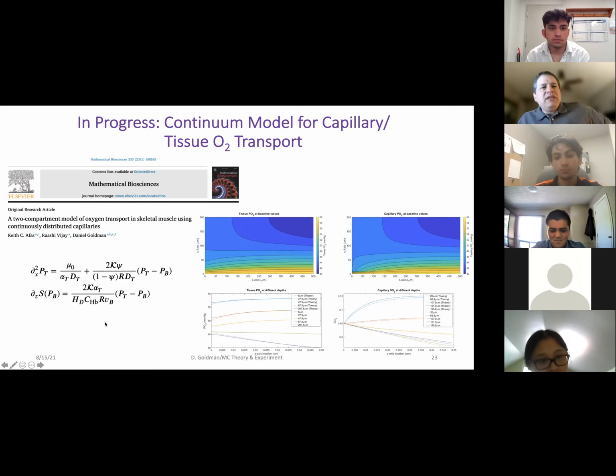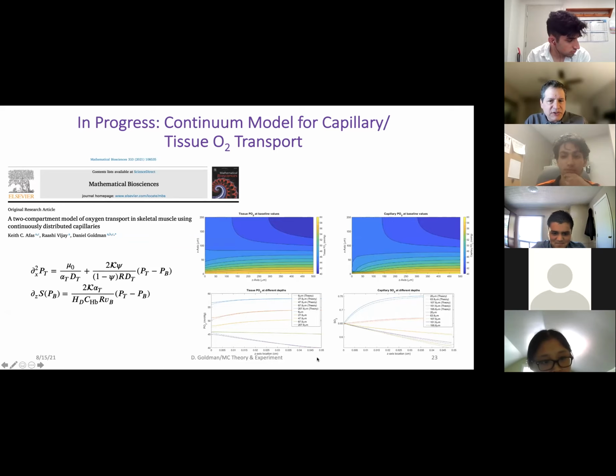Then what we can do is try to validate this by comparing it to a discrete model, and that's what we did here. Maybe hard to see, but this is tissue PO2 in this kind of 2D domain. The dashed lines are from the continuum model, and the solid lines are from a discrete vessel model.